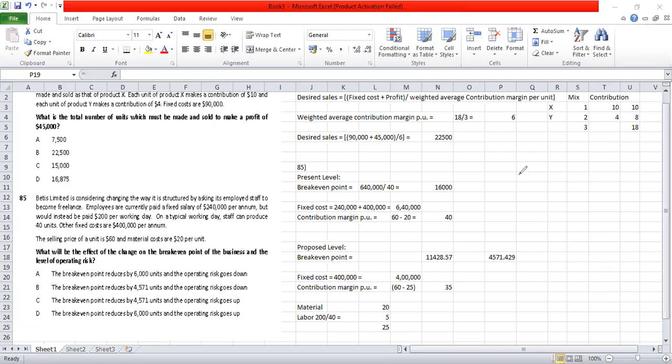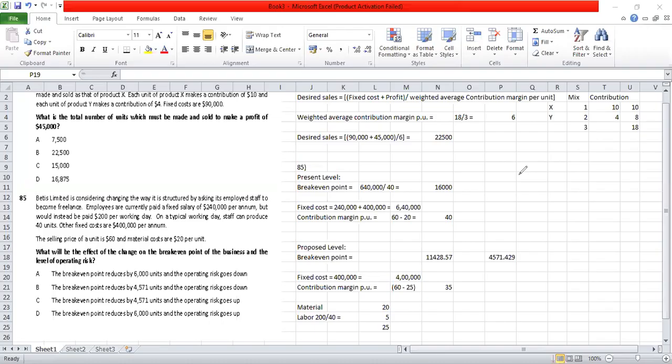They only have to focus on reaching that break-even point of 11,429. Earlier, at the present level, they had to wait till they touch the 16,000 units mark, and beyond that only the profit will be earned.